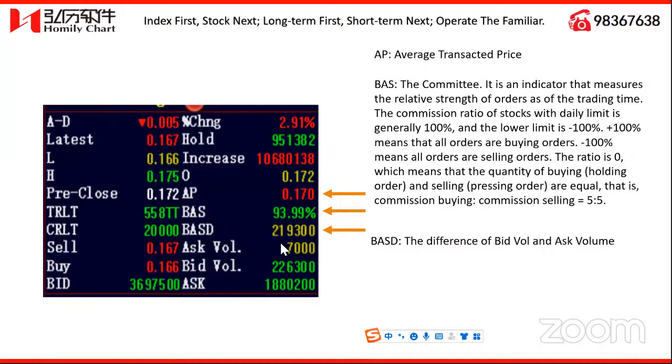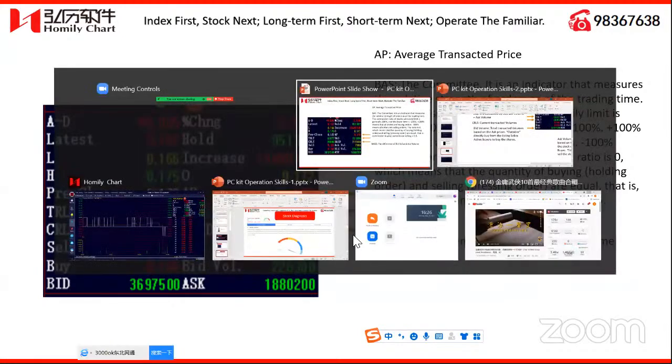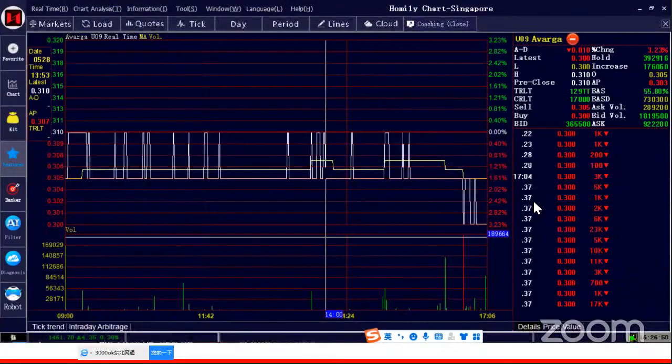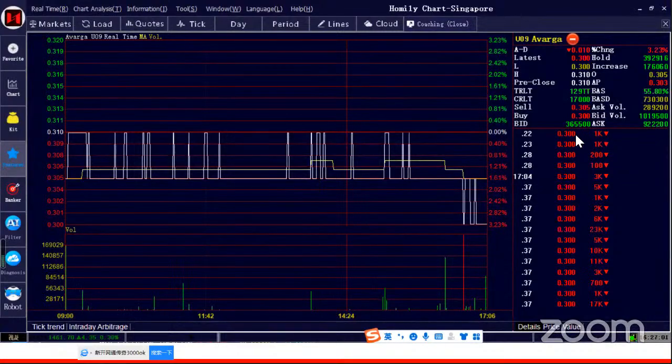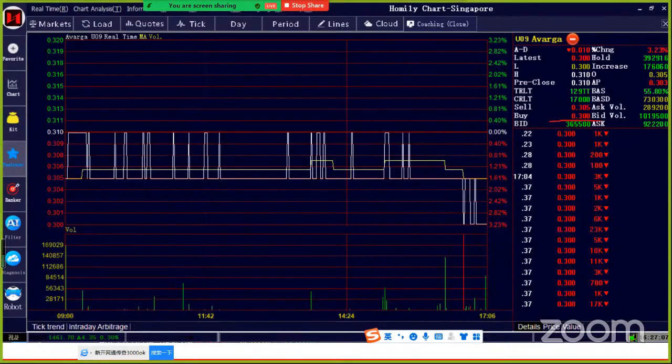So let's see here. For example, buy volume and sell volume here. So here the bias is 55.80%.